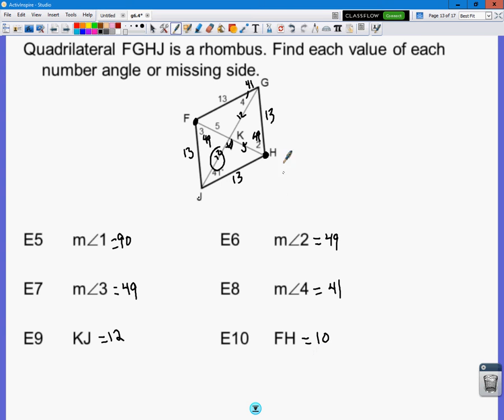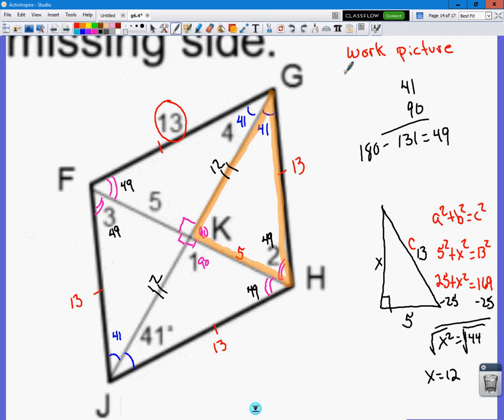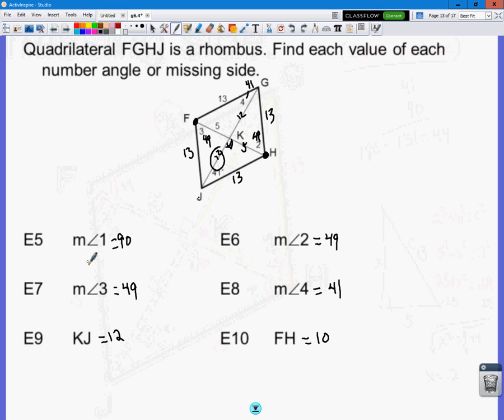When you get a problem that has many things going on on the inside, do yourself a favor. Put everything that you can into the picture before you start answering questions. If you don't, the first question you're not going to know what to do, and all the rest of them you're going to leave what?